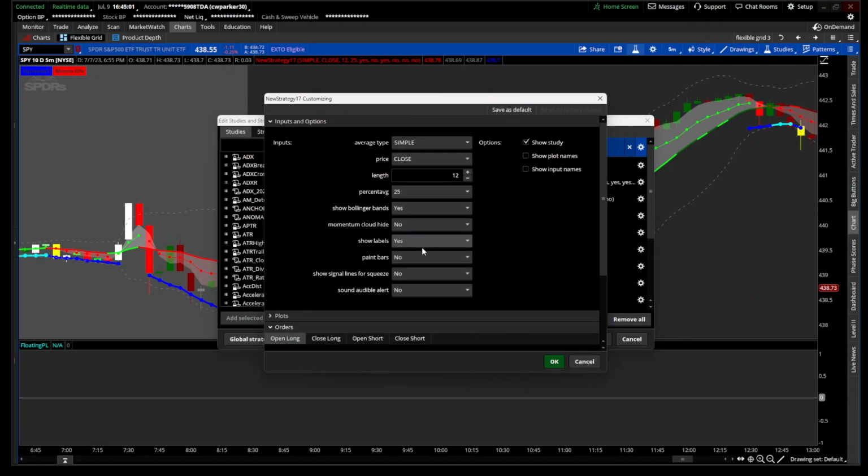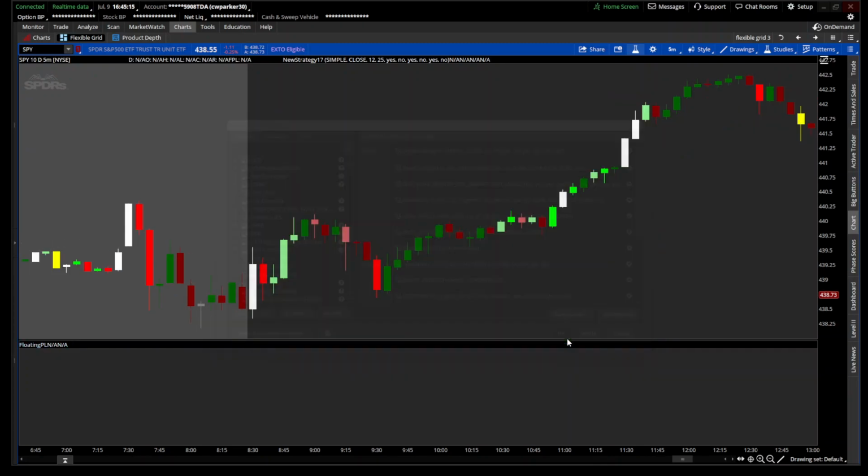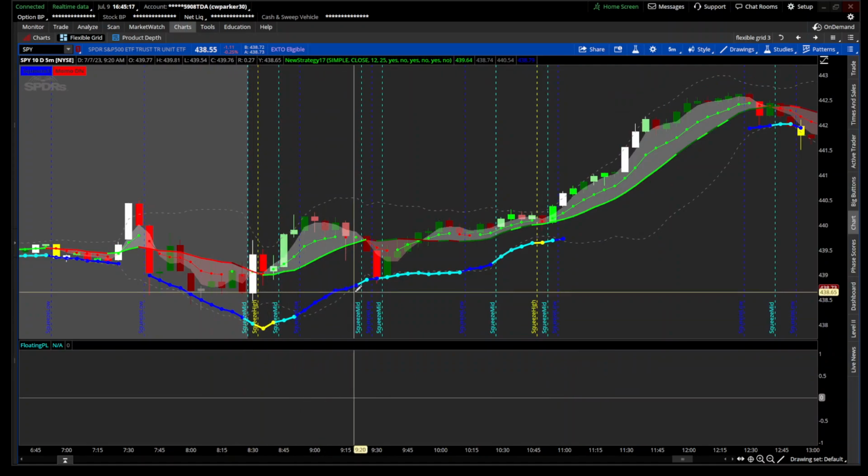Another feature of this indicator is the no momentum cloud. I showed that the labels are there. You can paint the bars just the same way I did in that other video. Right now, the bars are being painted off of my relative volume standard deviation indicator. So we can have actual lines that show the shifts in between the squeezes as well.